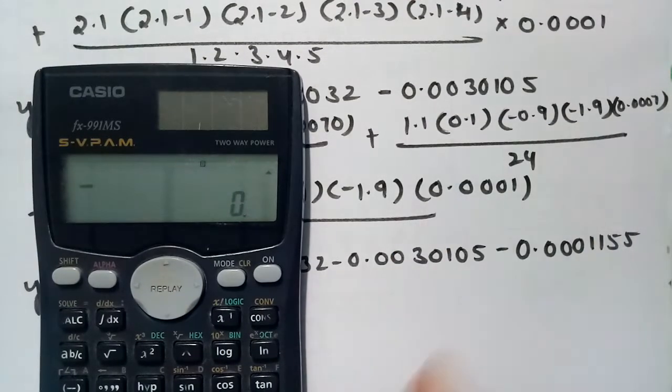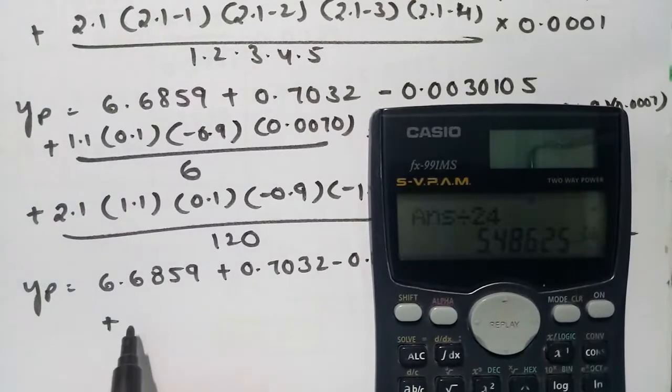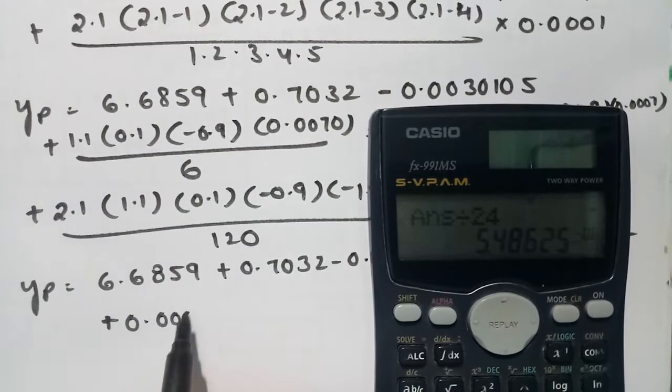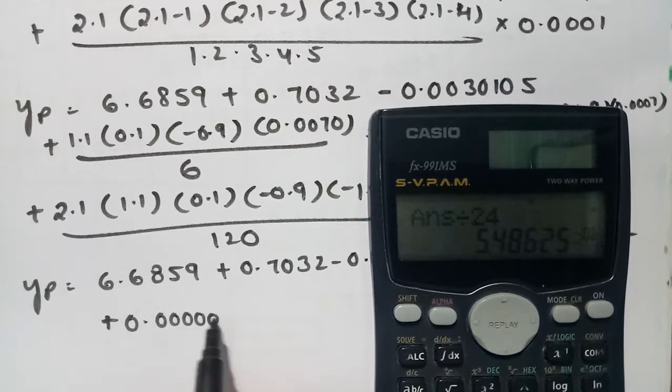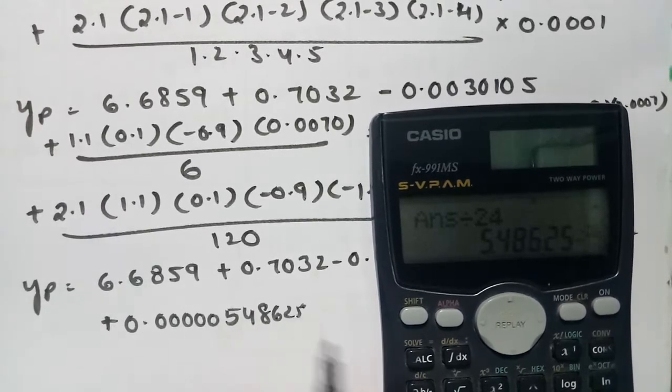So now I have to calculate this value, that is 1.1 into 0.1 into 0.9 into 1.9 into 0.0007 divided by 24. The value here is 0.000548625. So at the sixth place I have to write 1, 2, 3, 4, 5, 6. That is 548625.